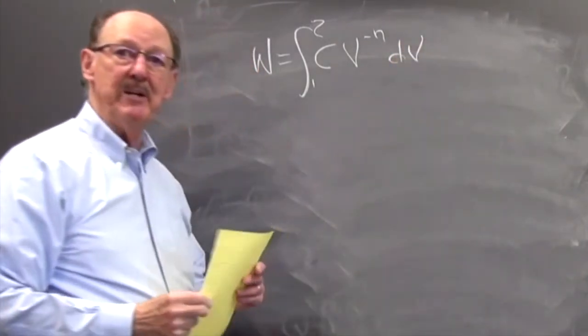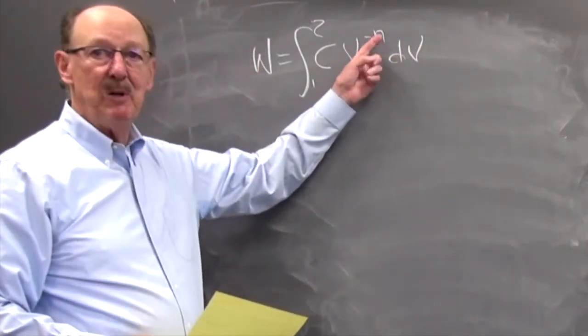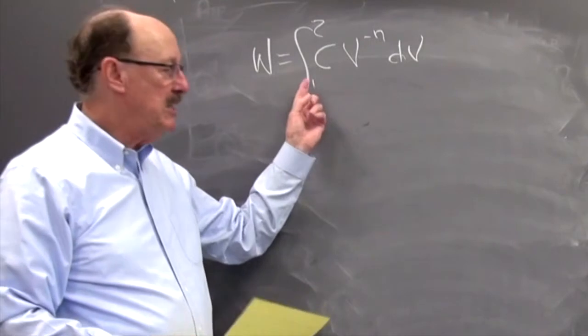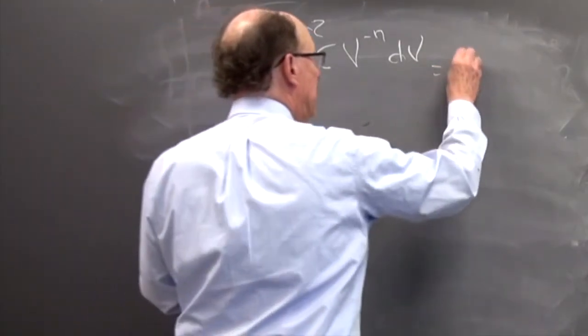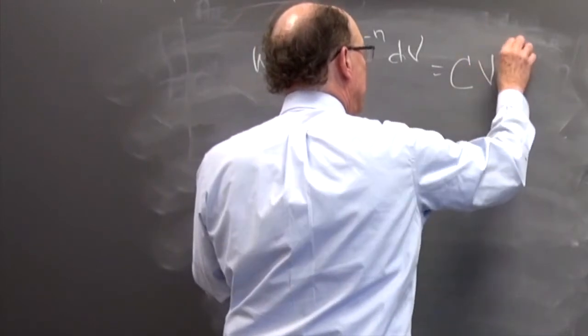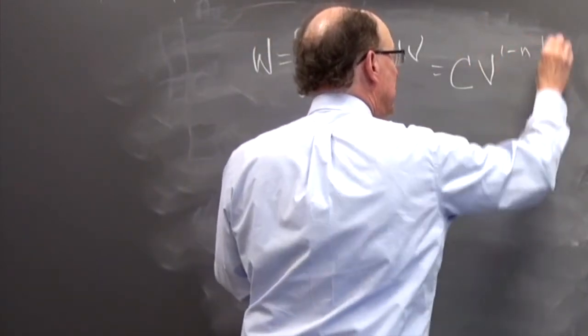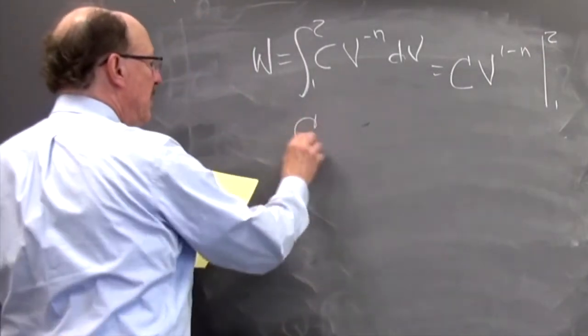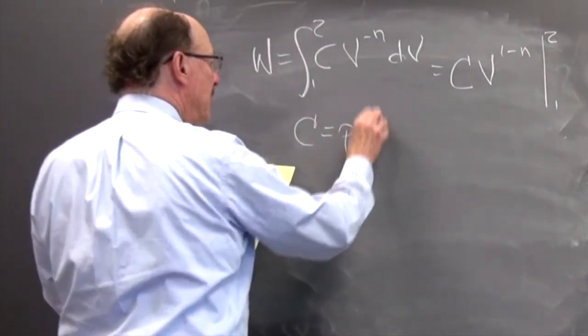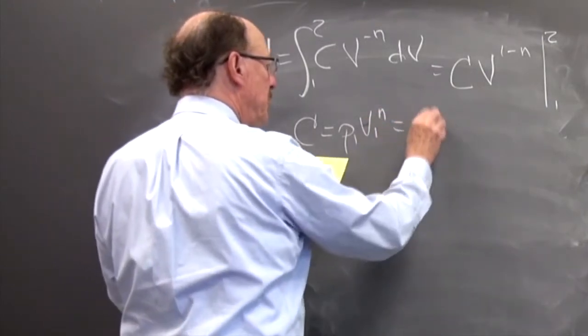And you know when you integrate, you add 1 to the exponent, you divide by that, and the C comes out. So this is equal to C V to the 1 minus n, evaluated between state 1 and state 2. And C is equal to P1 V1 to the n is equal to P2 V2 to the n.